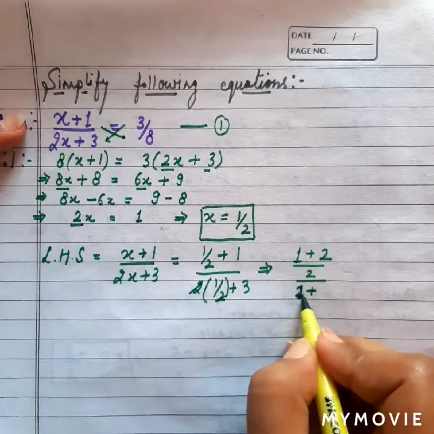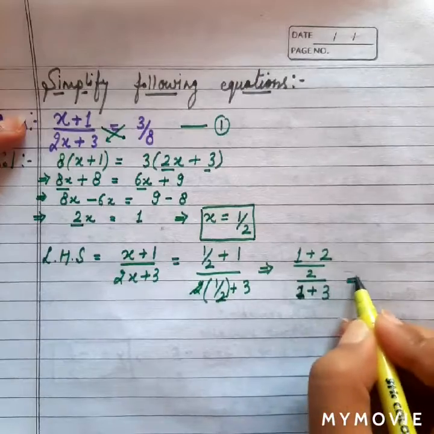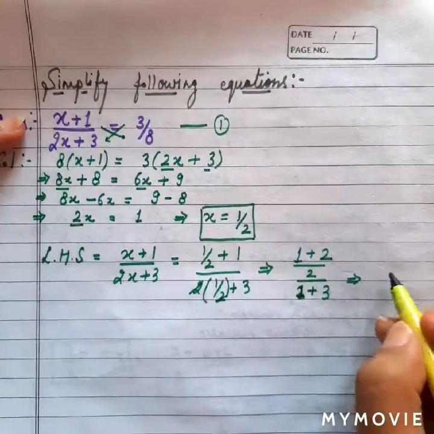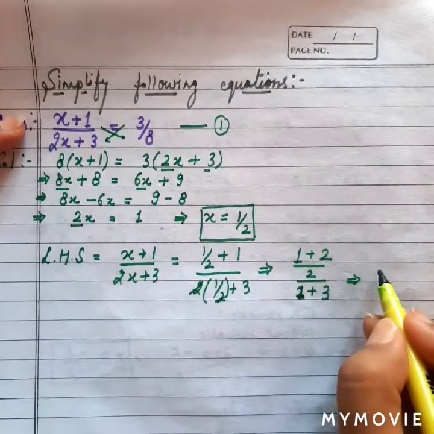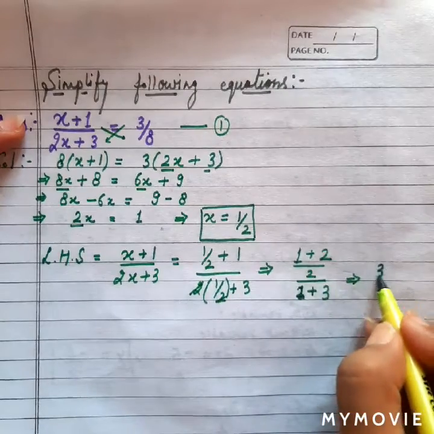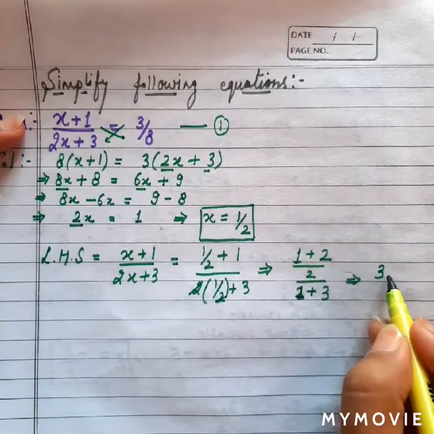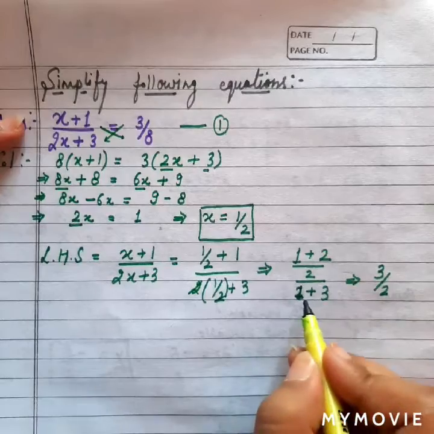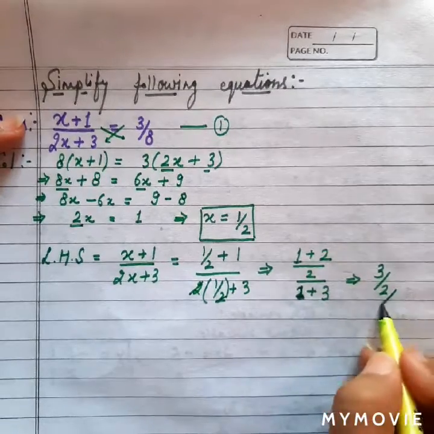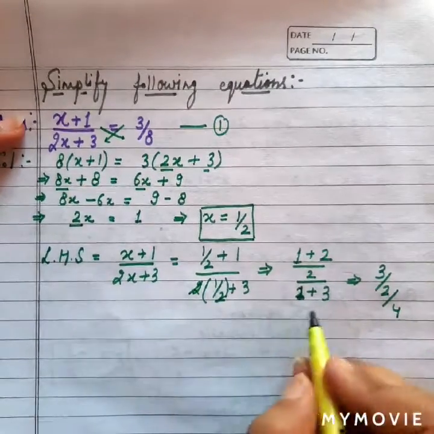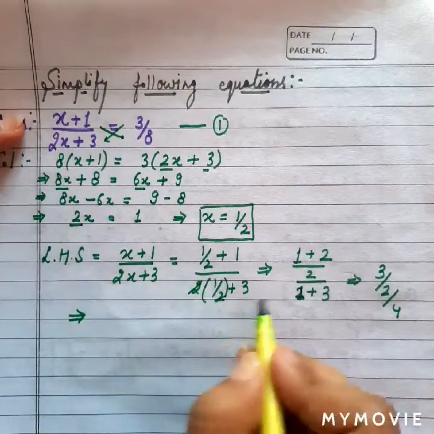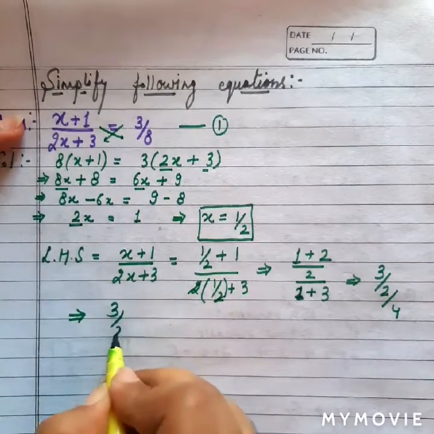So we will be left with 1 and 3, right? Now here it was 2 plus 1, 3 divided by 2, and here it was 4, and in the same way 3 divided by 2.